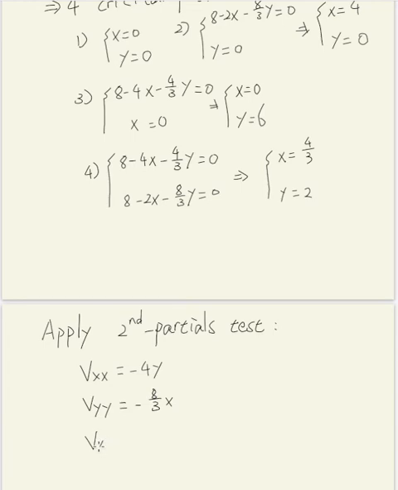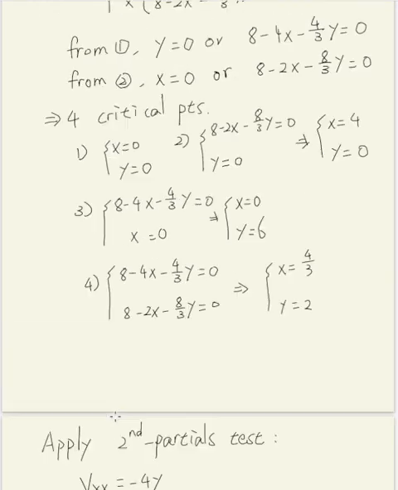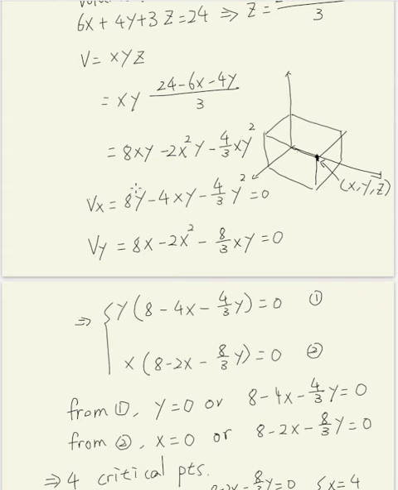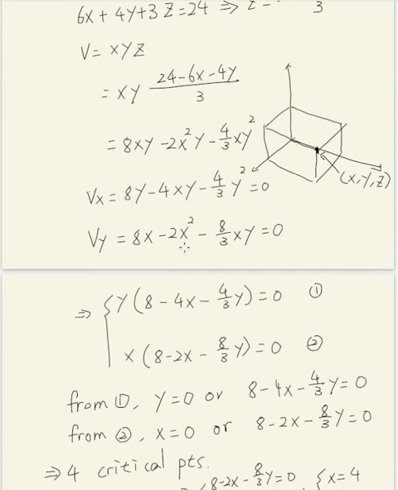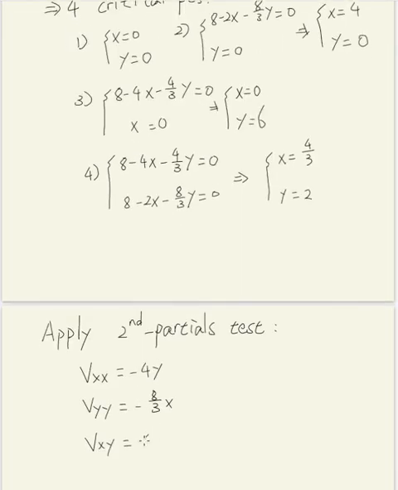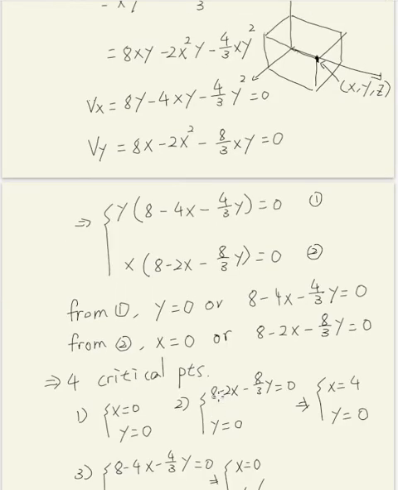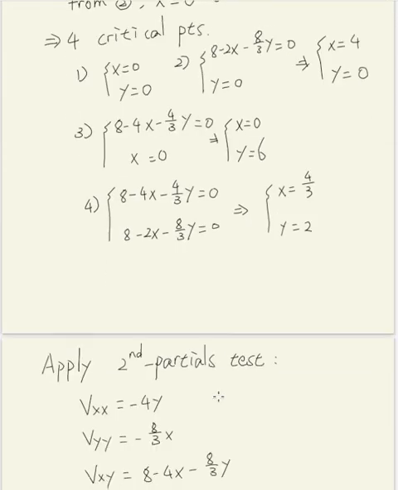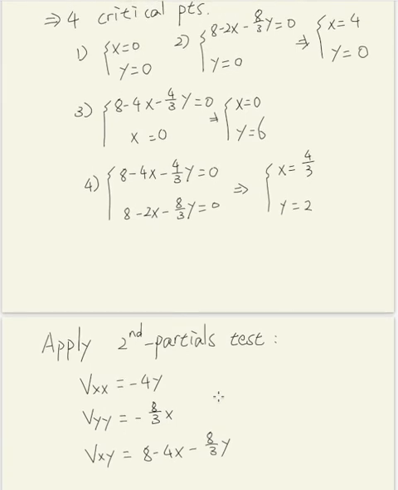And V partial x partial y is, if we differentiate the first one with respect to y, we get 8 minus 4x minus 8 over 3y. Right? Yeah. Okay, now the only thing remaining is to plug each of these points into these equations.